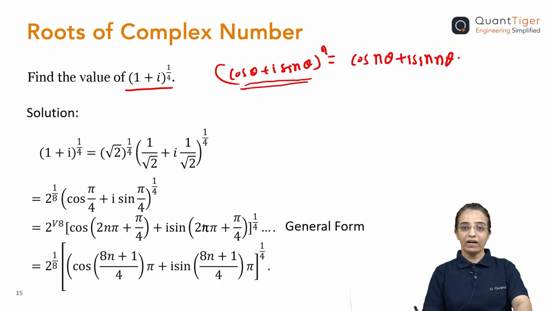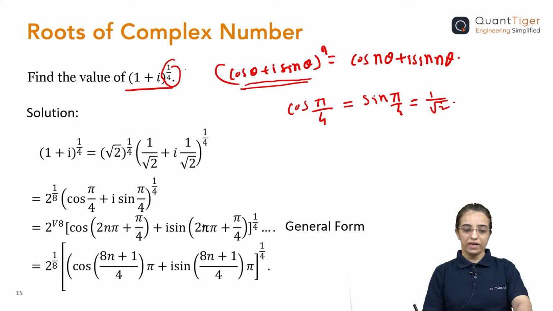Here we have to find an angle whose value we can write as 1. If you remember, cos pi by 4 and sin pi by 4, both have the value 1/√2.